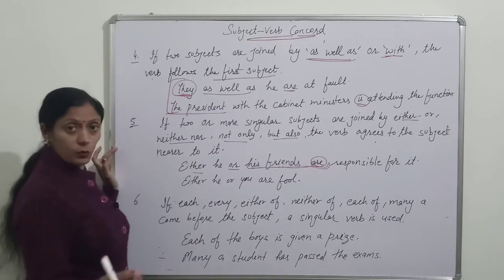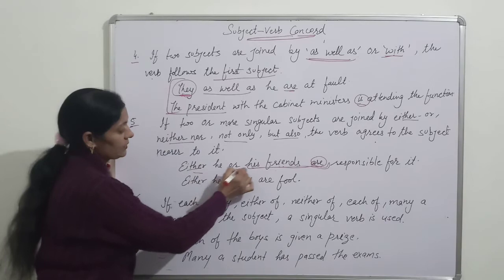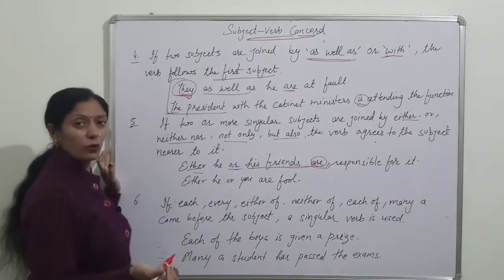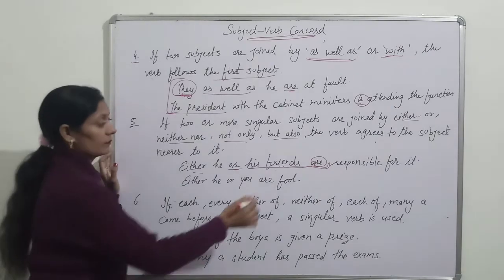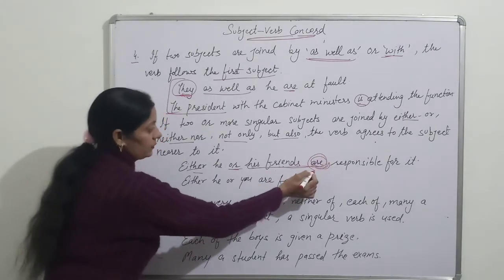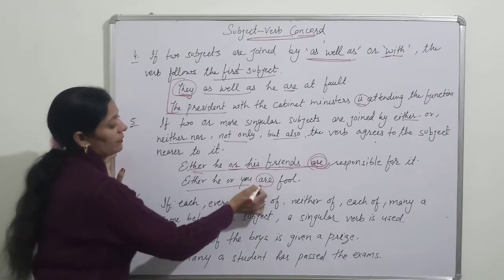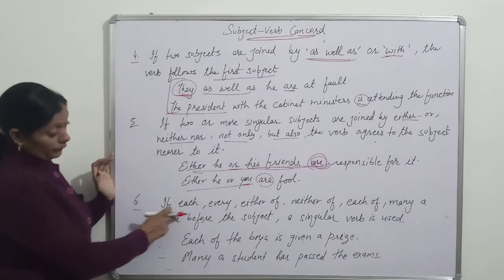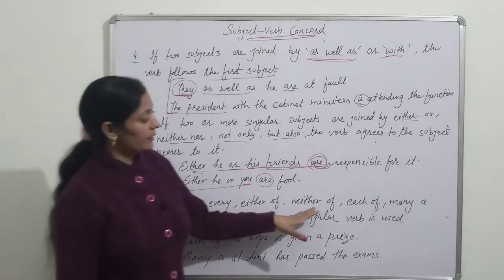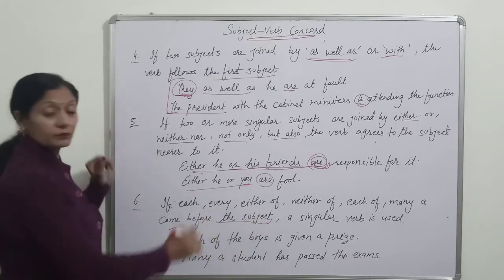Okay. Mostly if these two subjects are joined with or, nor, mostly a singular verb is used. Okay. But if they are used with either or, neither nor, then the verb agrees with the nearer subject. Number 6 is, if each, every, either of, neither of, each of, many a come before the subject.